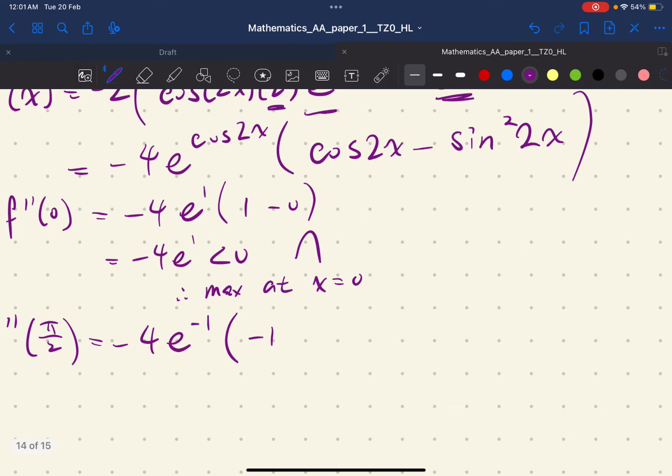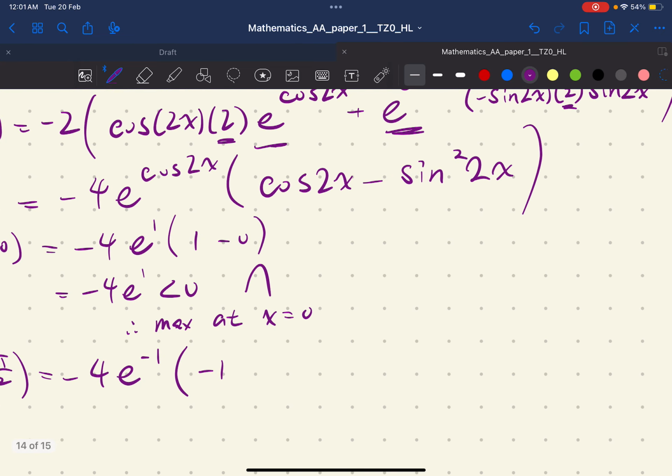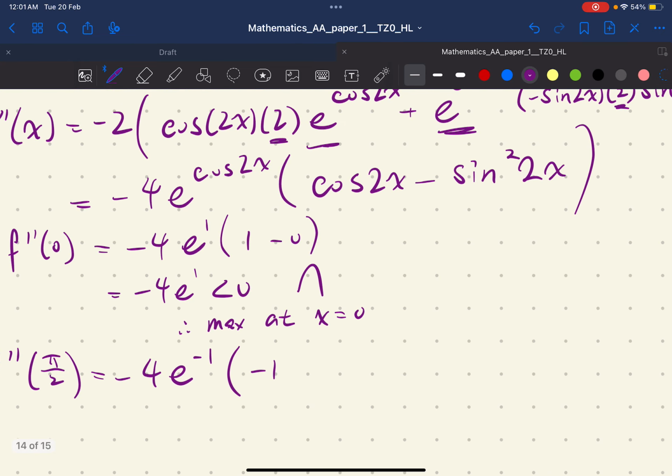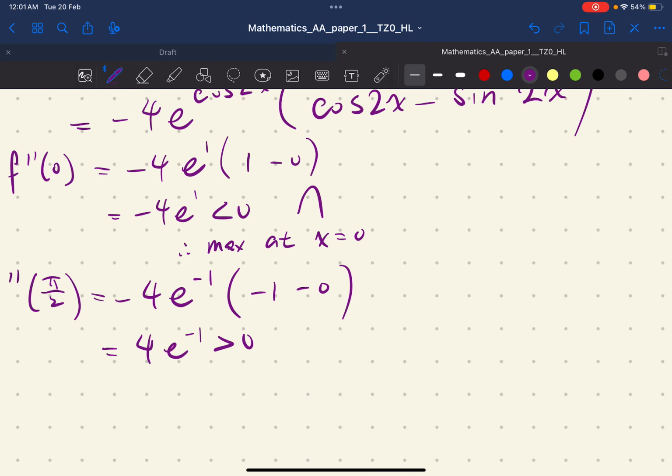Sine squared of 2 times pi over 2, which is just pi. Sine pi itself is 0, so squared is still 0. So this is larger than 0, therefore it's opening upward. So therefore min at x equals pi over 2.